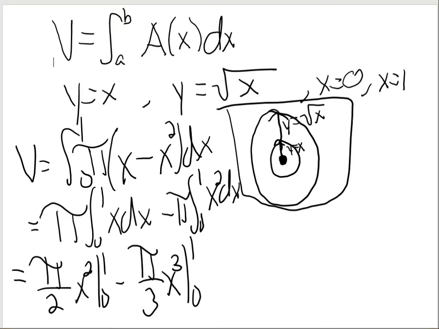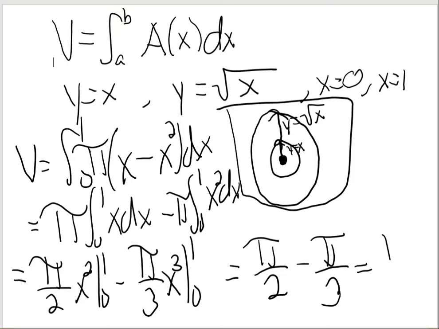We can compute this thing to get that this is pi over 2 minus pi over 3, or pi over 6. Okay, so then pi over 6 would be this volume, and we did it by the washer method, which is the method that I would like to focus on today.